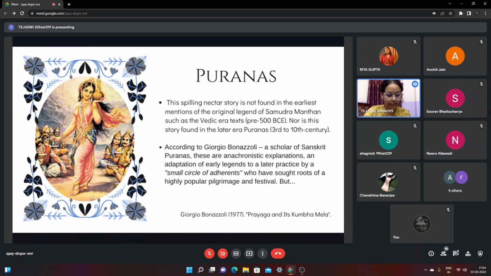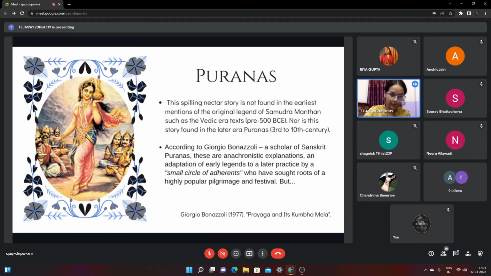And scholars, in contrast, question these claims of this story, as none of the ancient or medieval era texts mention the Samudra Manthan legend, and importantly, do not link it to a Mela or a festival.